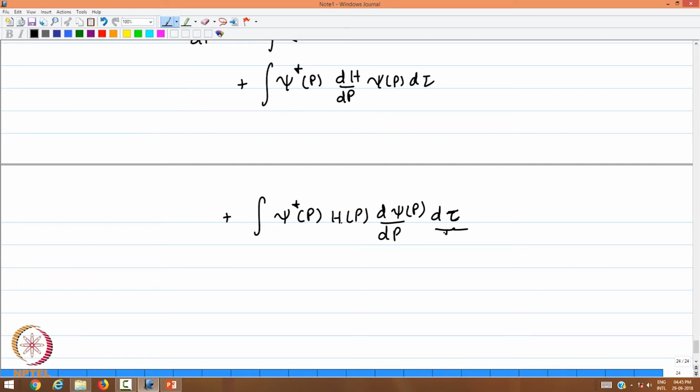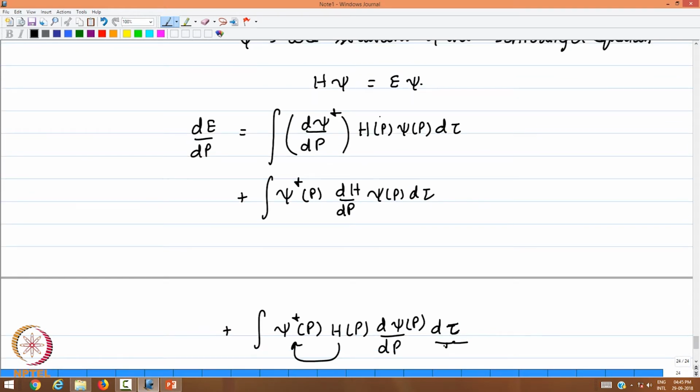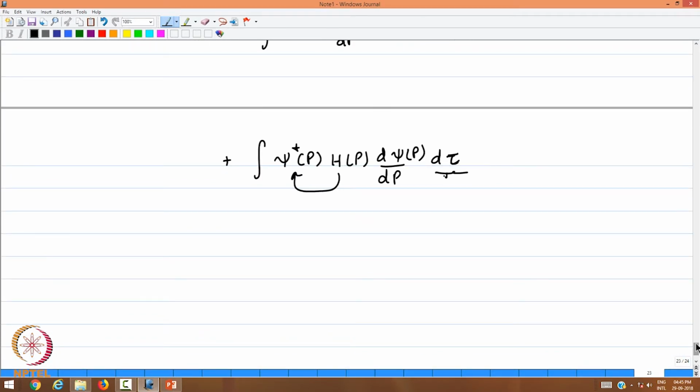parameter. Now, the H acting on P, because H is a Hermitian operator, you know that this is going to give you real values, and likewise the H acting on P is going to give you the real value eigenvalue E. So, if we write the next step, we have E times d psi star by dP psi of p d tau, that is the first term.